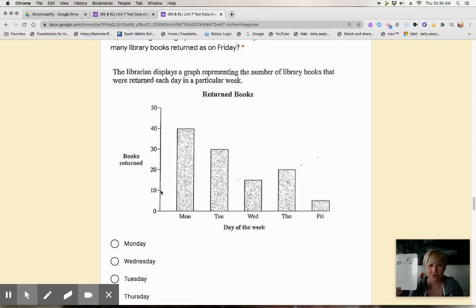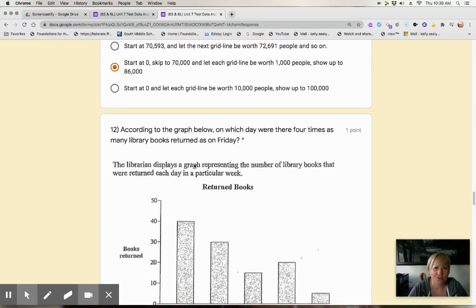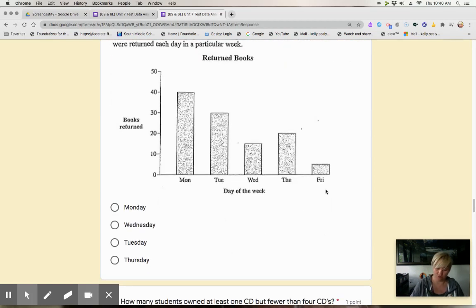If I'm looking for a day with twice as many as Friday, I'm looking for one that has 10. And I do not see one with 10, so I need to go back and look at the question again. According to the graph below, on which day were there 4 times as many? Okay, I read the question wrong. So 4 times 5 is 20. I am looking for the day where there are 20 books.